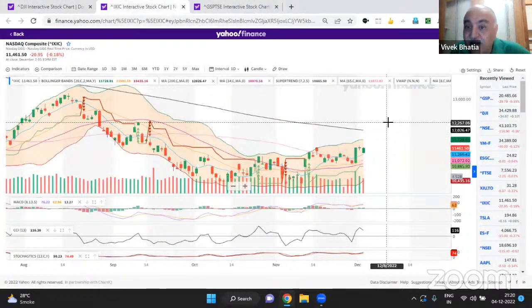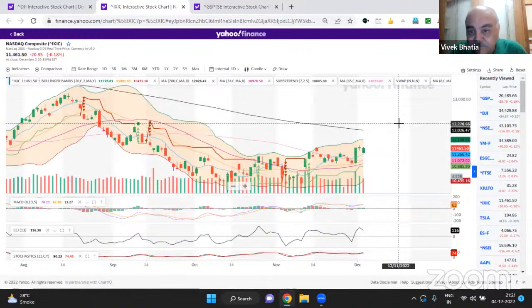So you could look at that area somewhere around the next 10 trading sessions or just before Christmas. Your target should be 12,250 or 12,200 in that range for Nasdaq.